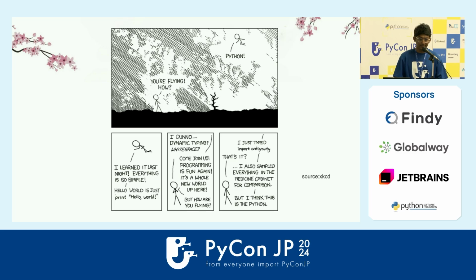I think this happens to all Python developers when they are beginning to learn, especially if they are coming from compiled languages. Like you read Python, it's so easy. Print is print, for is for, and you just start flying, right? And I really like this XKCD comic.